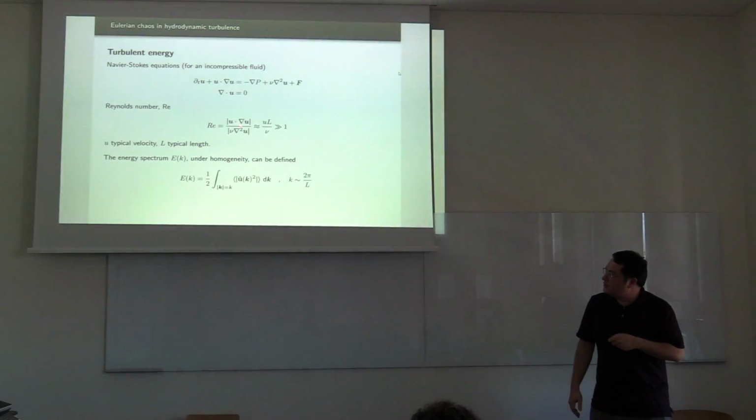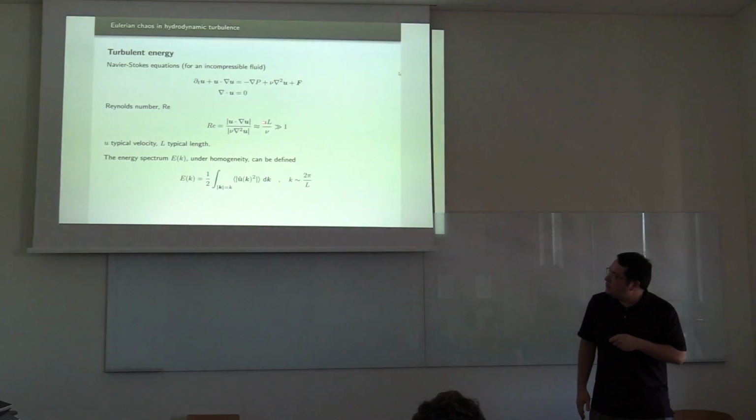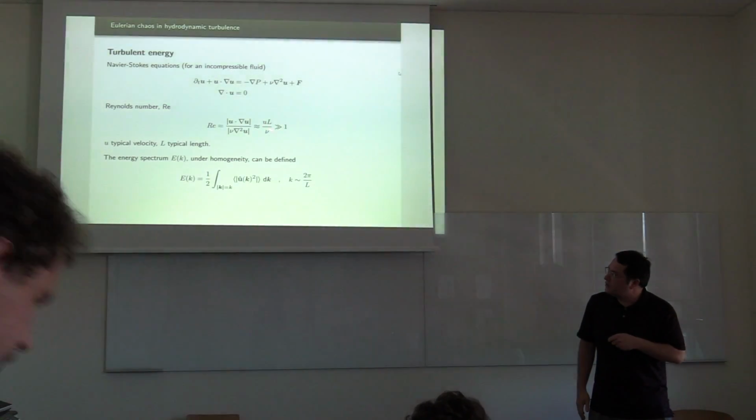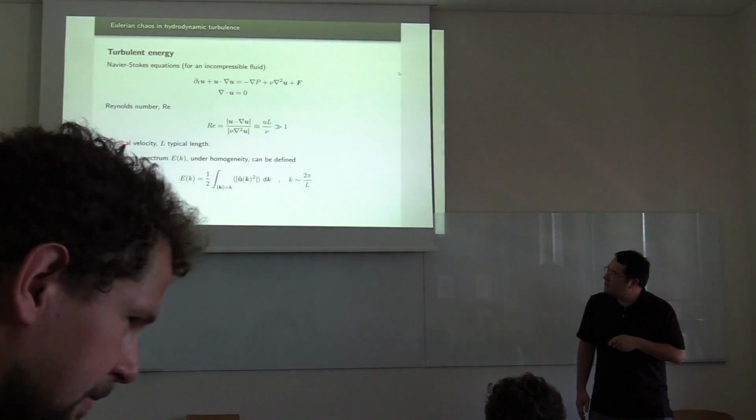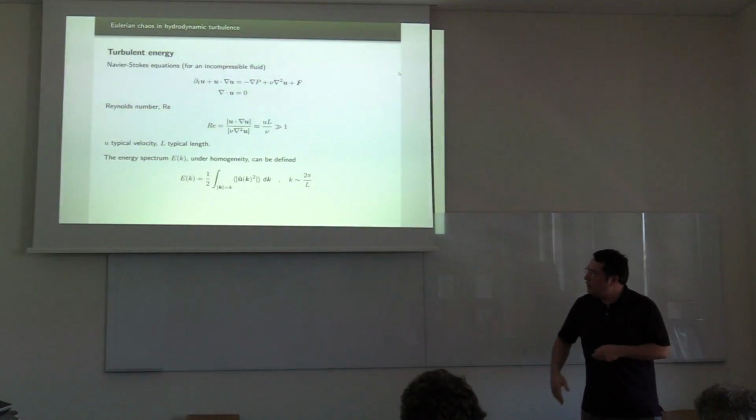And if your inertial forces are very, very large, you have turbulence. So to have turbulence, you generally need the Reynolds number to be much, much bigger than 1. This is a non-dimensional number, UL over viscosity. U is the typical velocity of the system you are looking at, and L is its typical length.